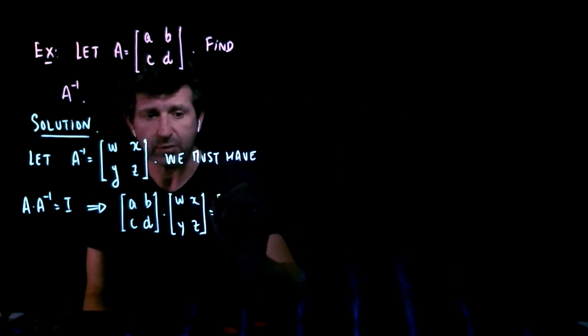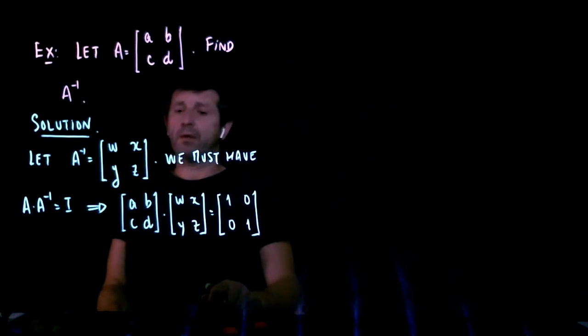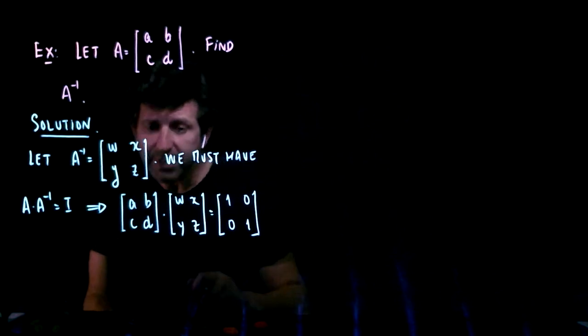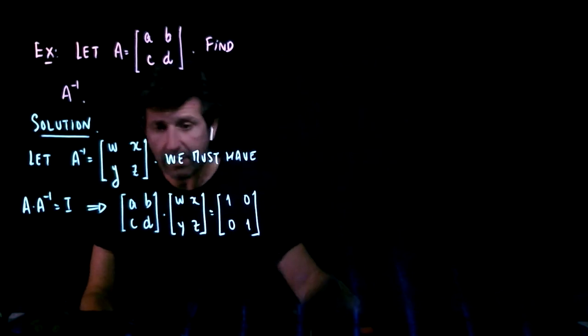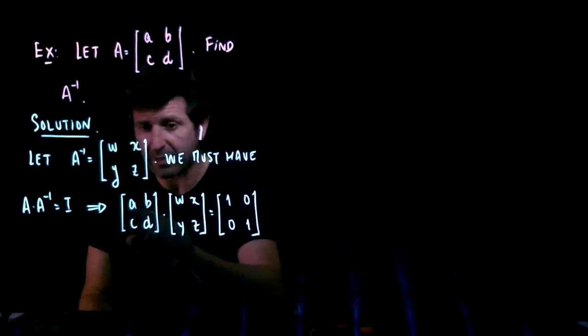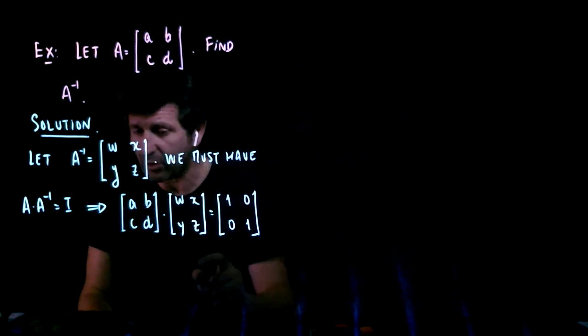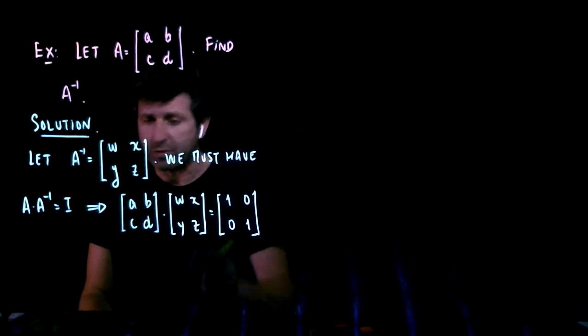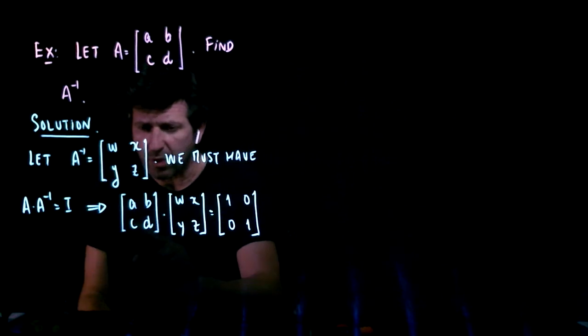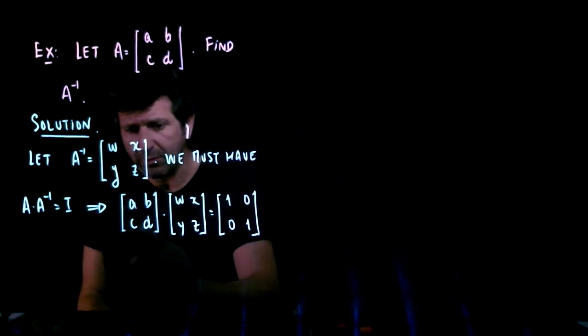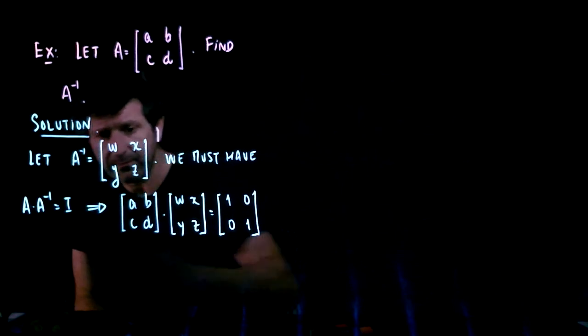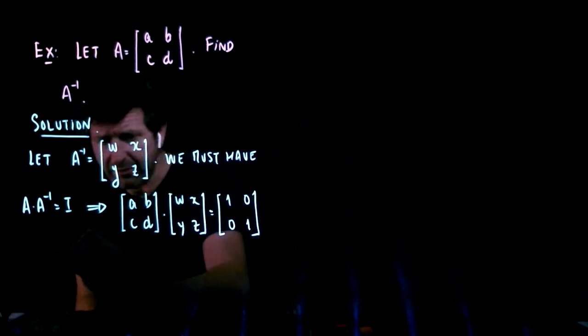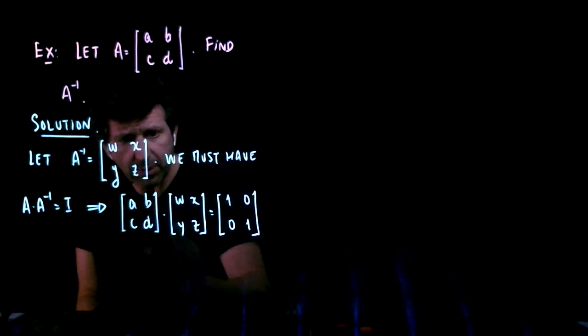Okay, basically that's what I'm looking for, equals 1, 0, 0, 1. Okay, so let's proceed exactly like we did before, except we don't have numbers anymore. So before we had 2, 1, 5, 3, I remember. And this time I have a, b, c, d. So let's try. I multiply on the left, so I have aw plus by.